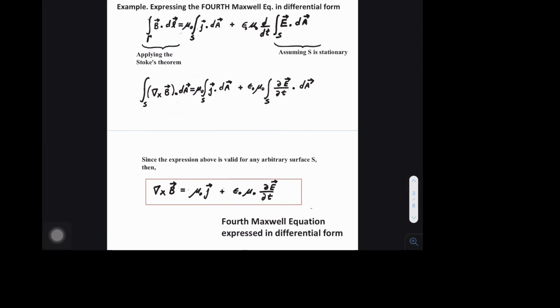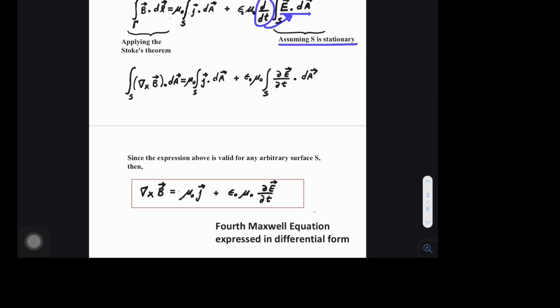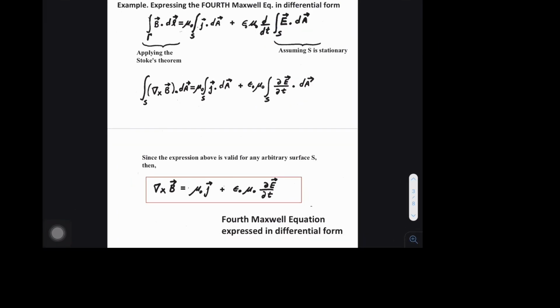And if the surface is stationary, then we can pull this time derivative inside the integral to act on this. So we get this.